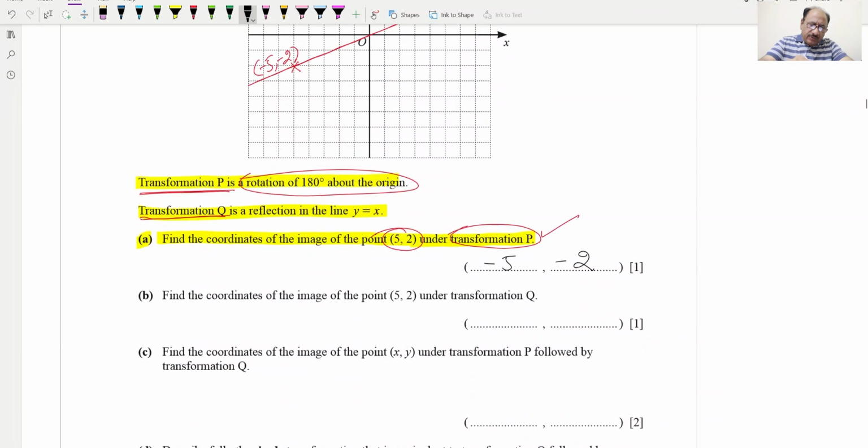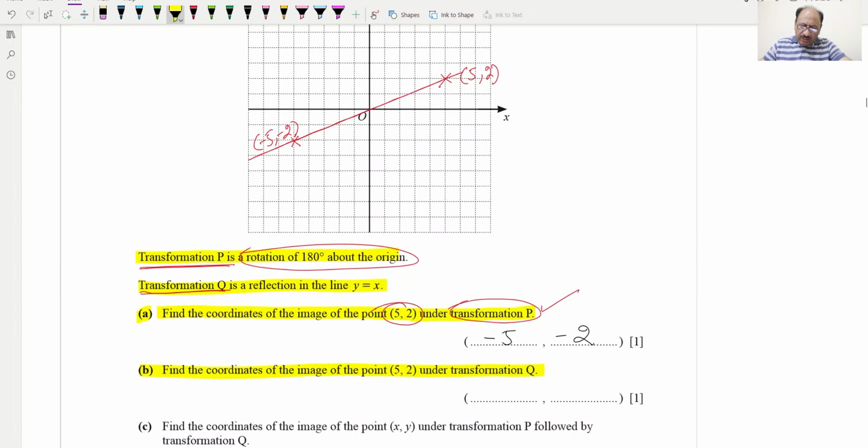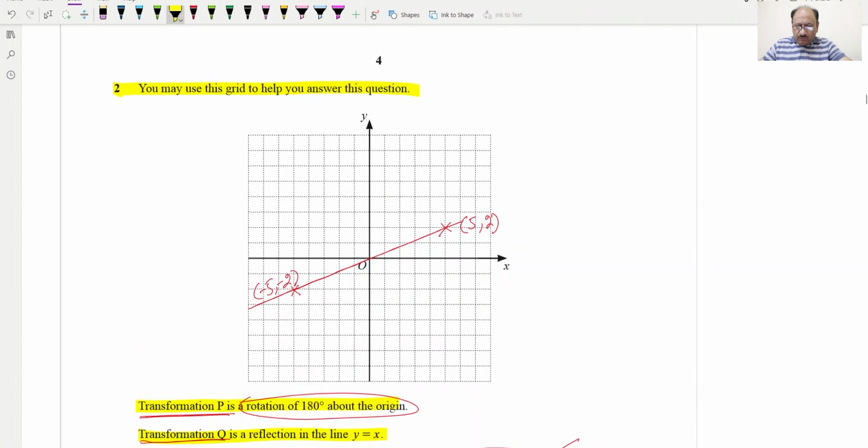Now the second part, B, says find the coordinates of the image of (5, 2) under transformation Q, and Q, you know, is reflection in the line y is equal to x. So first of all we need to draw the line y is equal to x. One point we can take is the origin, and the second point we can take from here: 1, 2, 3, 4, 5, 6, 7, 8 units this side, and 1, 2, 3, 4, 5, 6, 7, 8 units this side.